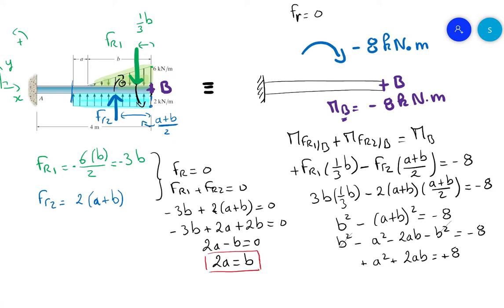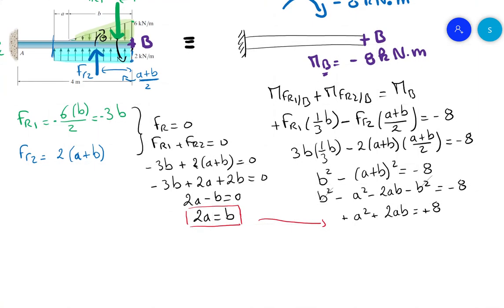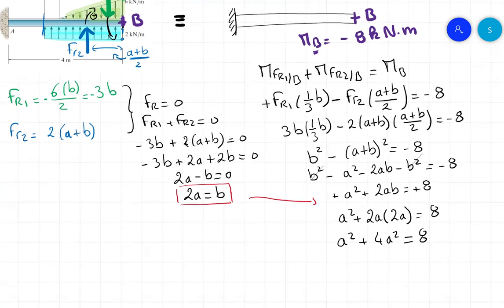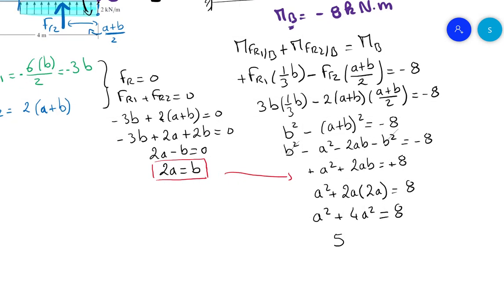Let's use the 2A equal B and put it in this equation. So we get A square plus 2A times B, that is 2A, equal 8. So we got A square plus 4A square, that is equal to 8. We have 5A square, that is equal to 8. A square is equal to 8 divided by 5.